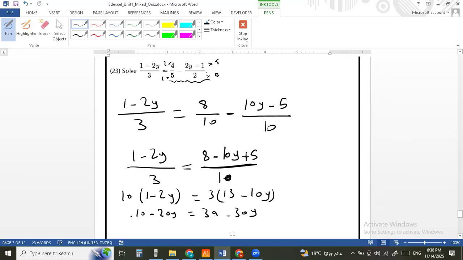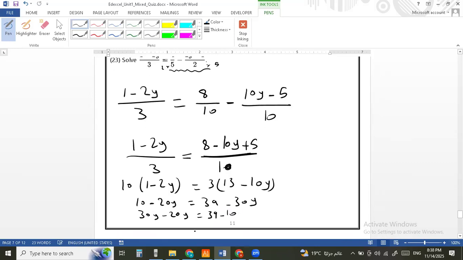This negative 30y comes here as positive 30y, minus 20y equals 39 stays the same, but 10 comes to it as negative 10. 30y minus 20y is 10y equals 39 minus 10, which is 29. So what is y? 2.9.